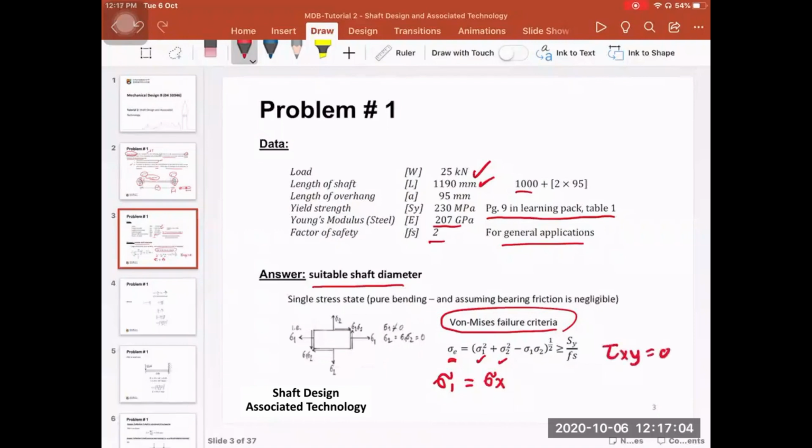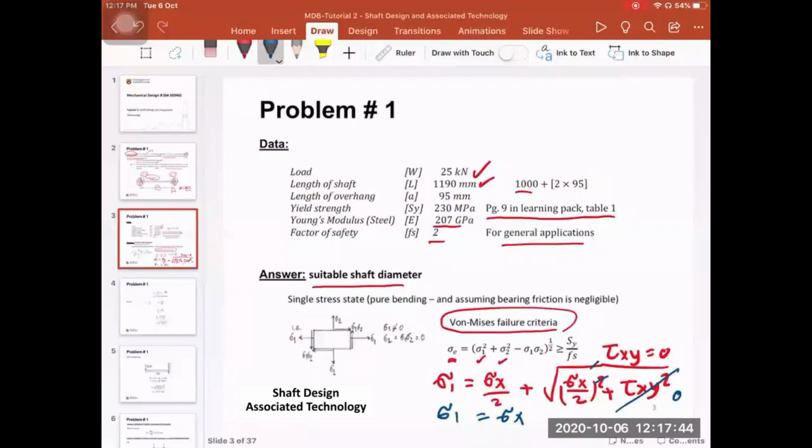You don't have any shear, so tau xy is equal to 0. And if you remember the sigma 1, this long equation, sigma x over 2 plus the root of (sigma x over 2) squared plus tau xy squared. Okay, and also for sigma 2, you have here a negative value.